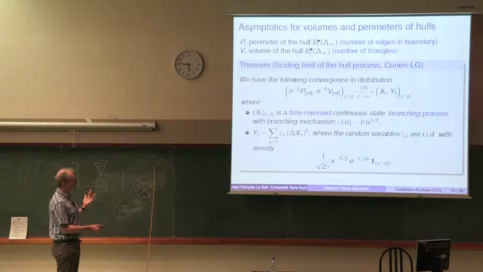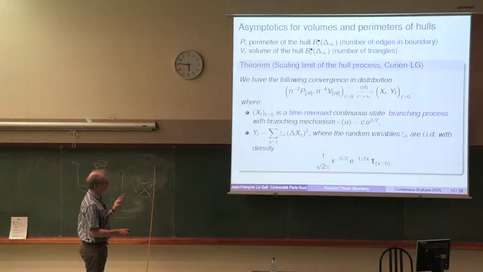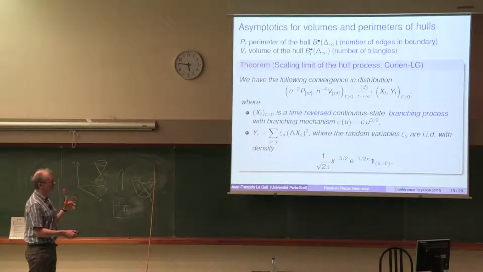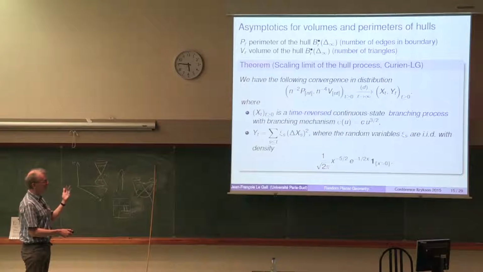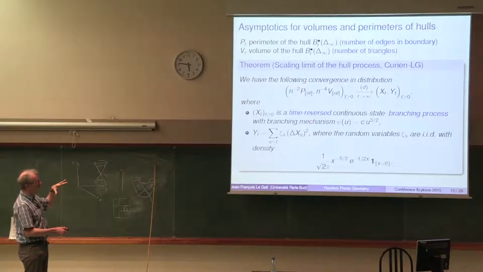Such processes are characterized by their branching mechanism, which is given by this function, which means that it does not have finite variance. It has heavy tails, and I'm not going to say too much about that. I will come back to this time reversal because it's important, but you should remember that perimeters are linked to a certain branching process. We'll see that later also.